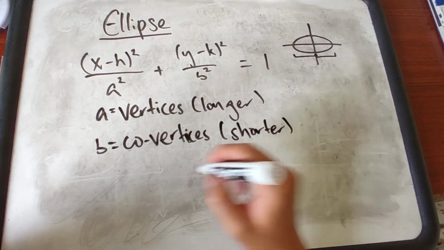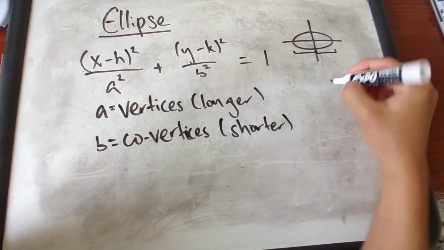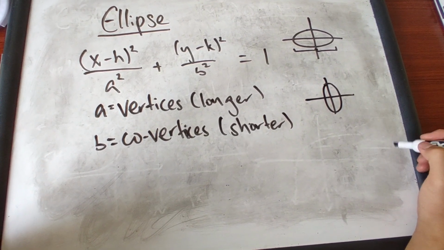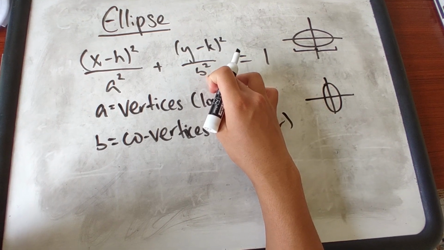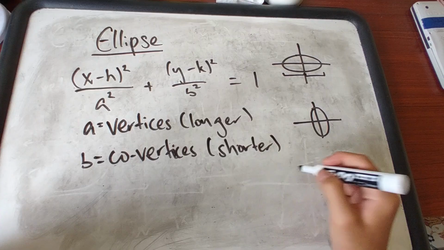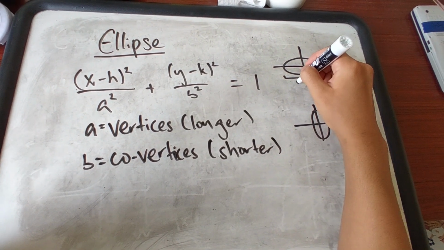And A and B in ellipses are interchangeable. So if the graph is like this, then the A will go under the y and the B will go under the x.